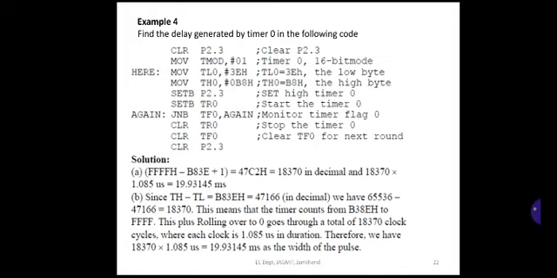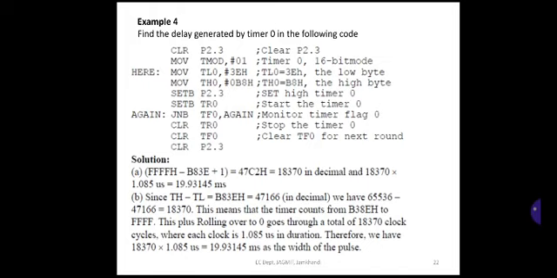Next, B83EH is nothing but 47,166 in decimal, so we subtract 65,536 minus 47,166. The same value, 18,370, you get again. The first step was the hexadecimal method, the second step is the decimal method.